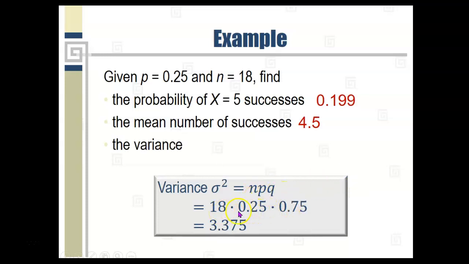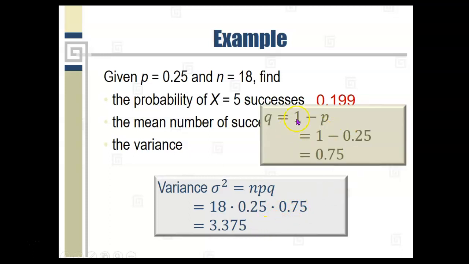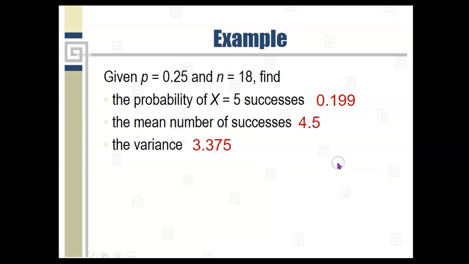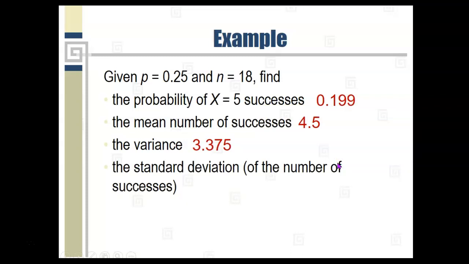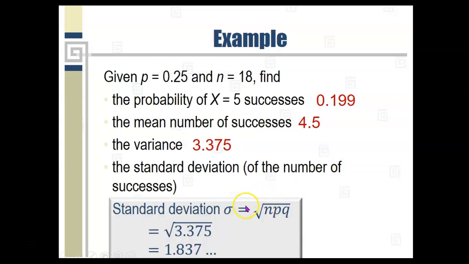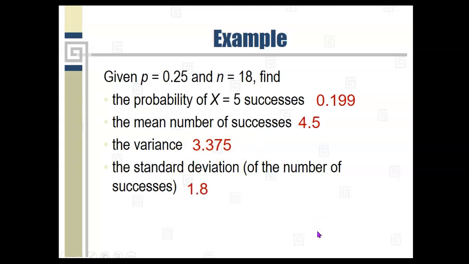So here that would be 18 times 0.25 times 0.75, which comes out to be 3.375. And remember how we got q? q was 1 minus p, so 1 minus 0.25 is 0.75. And the standard deviation is the square root of n times p times q. So it's the square root of the number we got for the variance. And that's 1.837 and so on, so about 1.8.